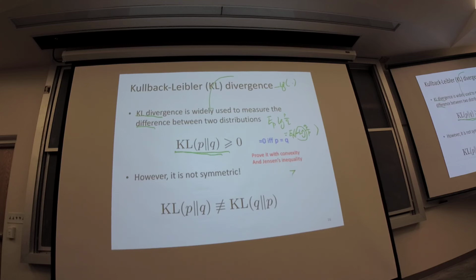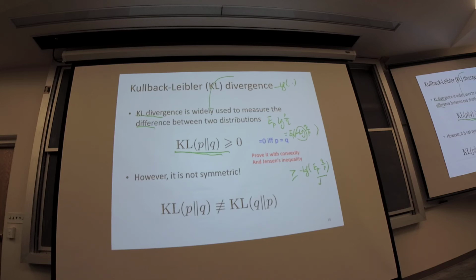So that means you first take the expectation of Q over P with respect to P, and then take the negative logarithm. The remaining question is, what is the expectation of Q over P with respect to P? What is it? I heard that. 1, right?